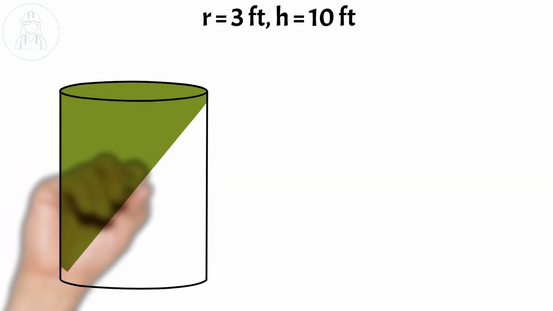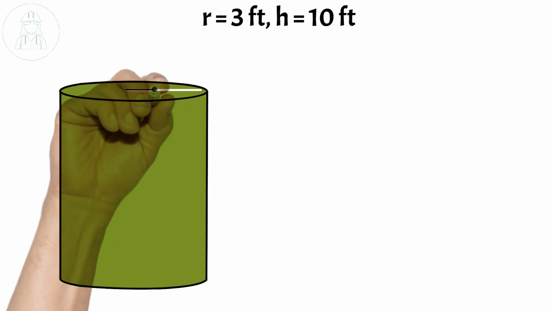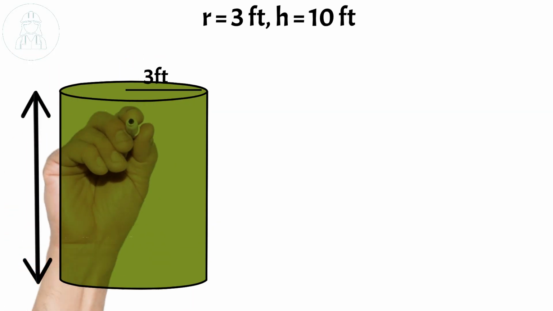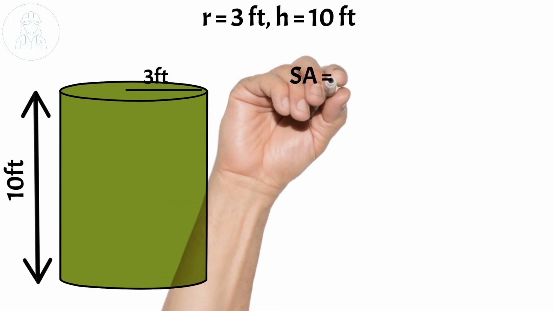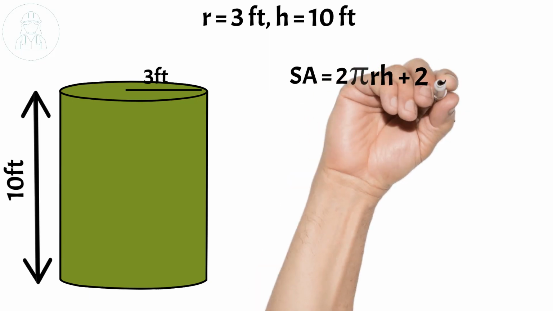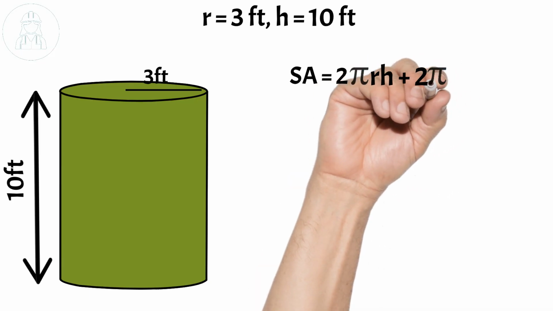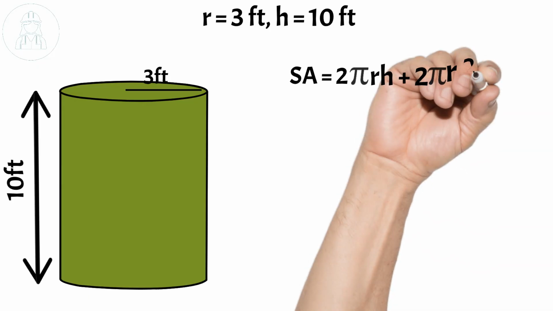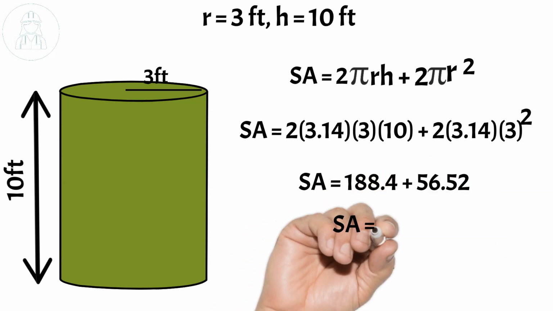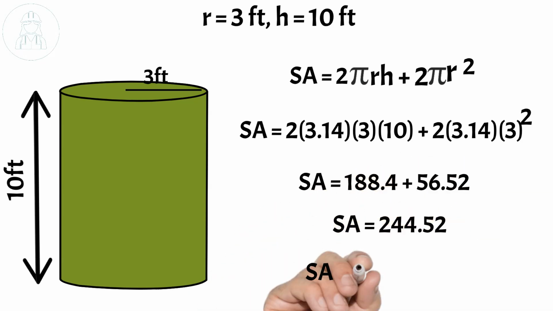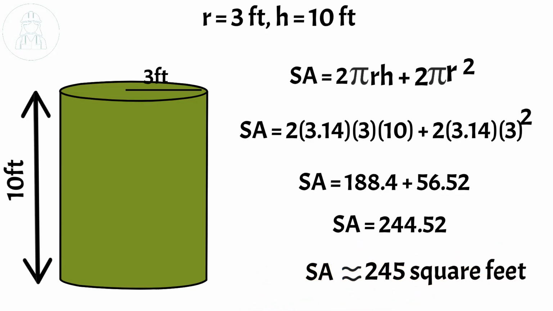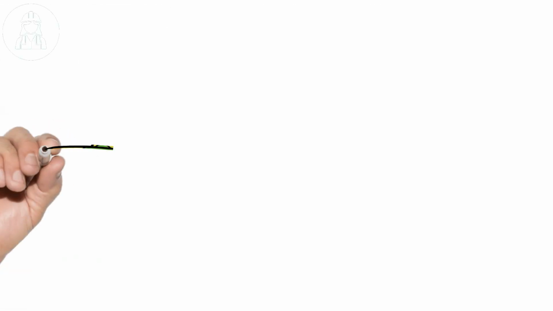For example, using the same column with a radius of 3 feet and a height of 10 feet, surface area would be 2 pi times 3 times 10 plus 2 pi times 3 squared. That gives you 60 pi plus 18 pi, which comes out to 78 pi, roughly 245 square feet. That's the total surface of formwork around the column, including the top and bottom circles.